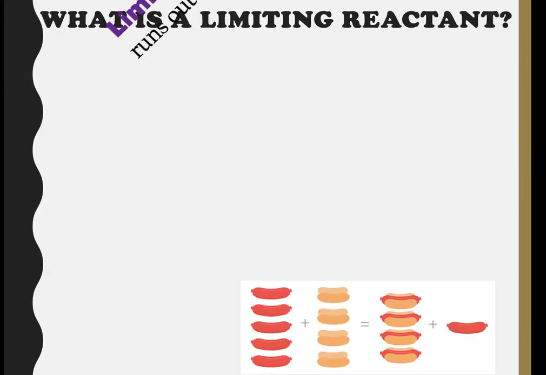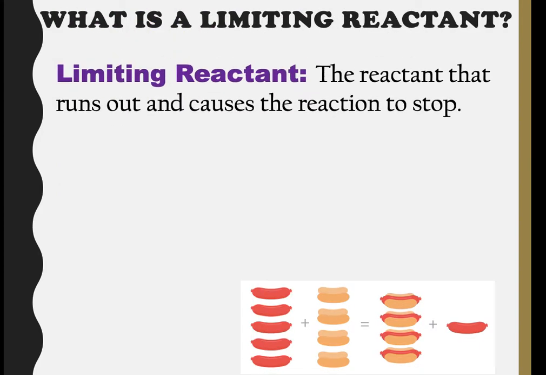And this is what the limiting reactant is. In every chemical equation, every chemical reaction, your reactants, those things that you start with, are like the brat and the cheese and the bun. They are ingredients to a combination, and you are going to run out of one of those things before you run out of everything else.